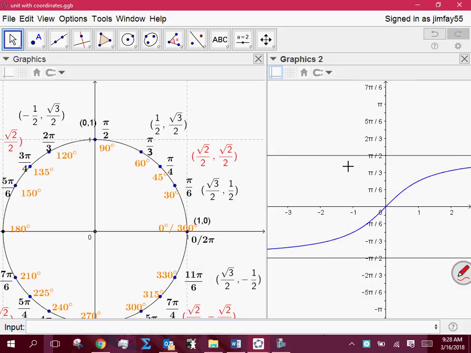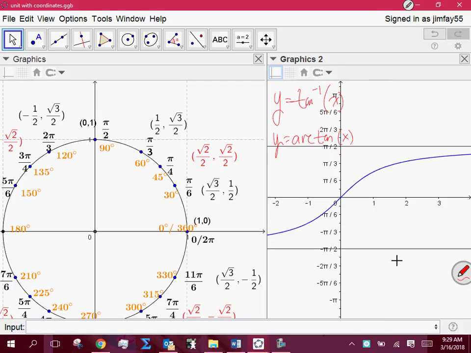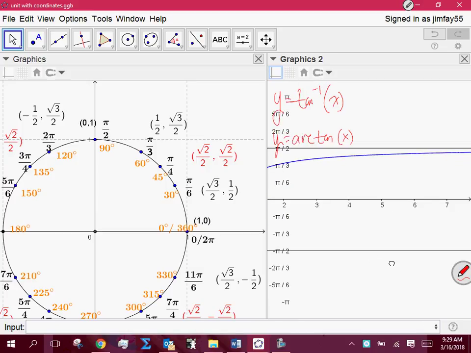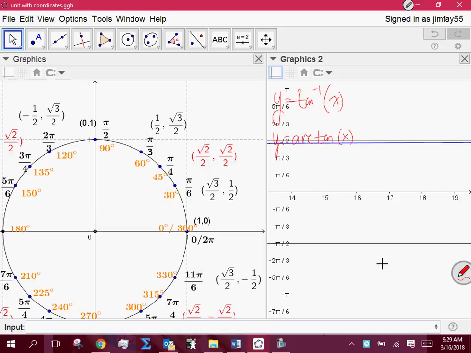So over here, you can write this as y equals tangent inverse of x, or y equals arc tangent of x. When I look at this curve, think about your domain values. What are the things I'm allowed to put in here?